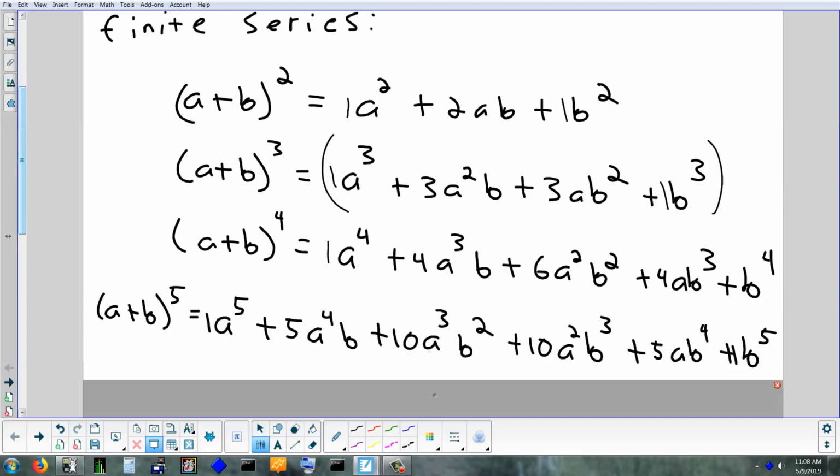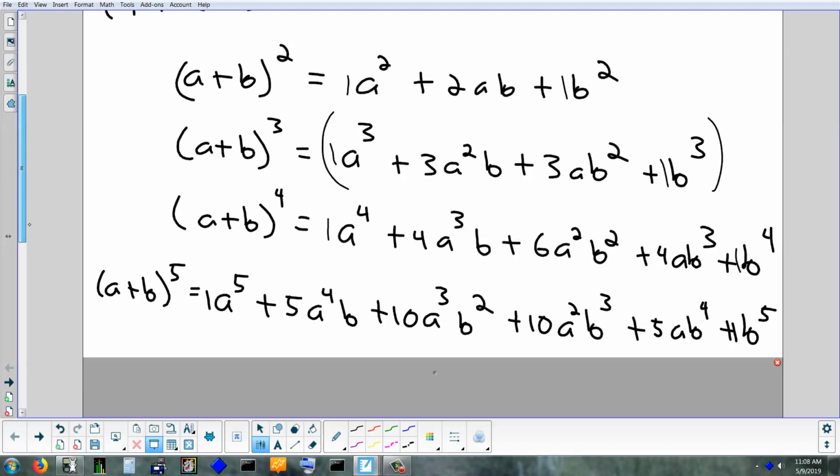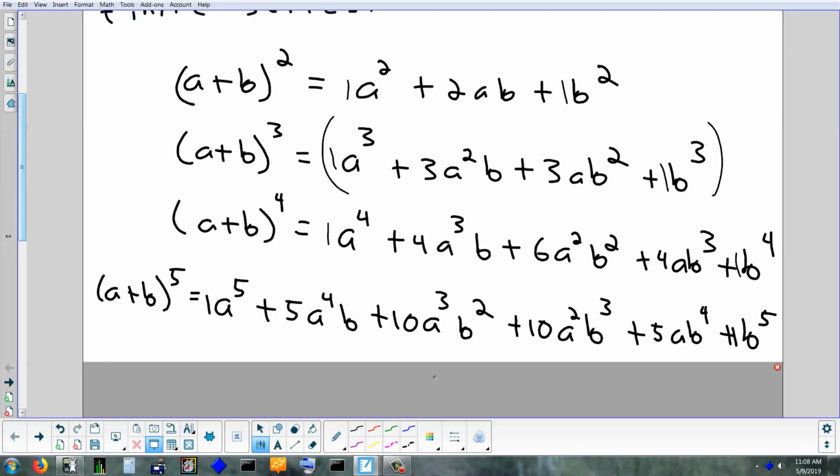So now we've got a 1 here and a 1 here. Does anybody notice patterns in what we've written here? There's a lot of patterns here to describe what's happening. Patterns with exponents, patterns with other numbers, all kinds of stuff. Yeah?